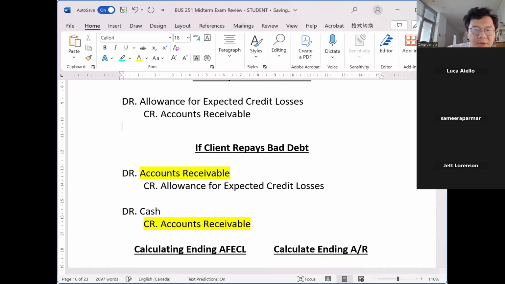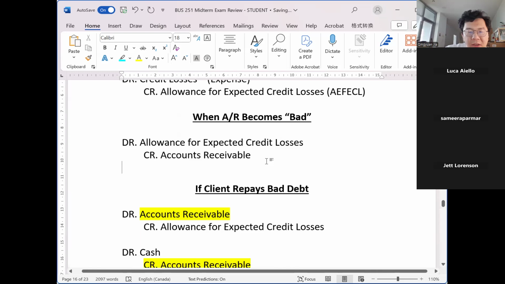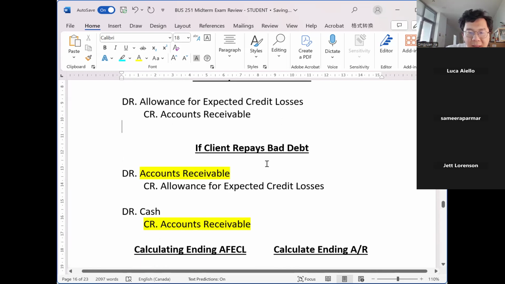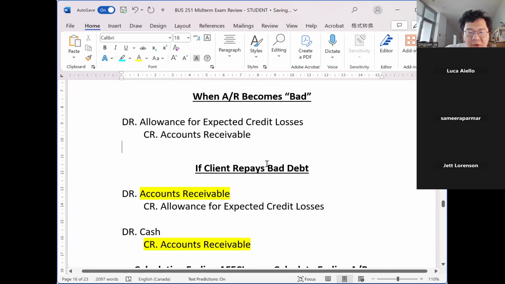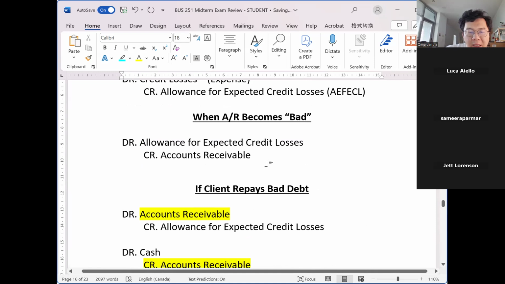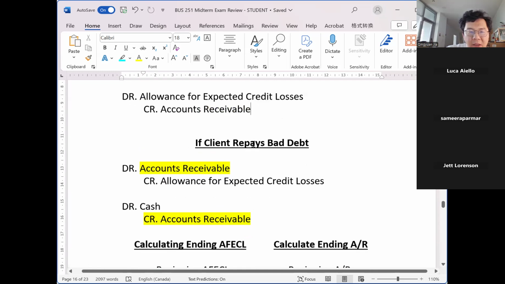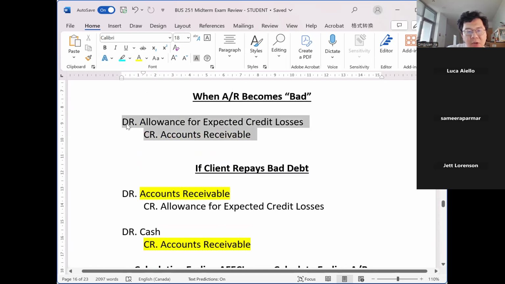This is the difference. And if the client repays the bad debt, so previously we have already thought that the account receivable became bad, right? We have this journal entry already.